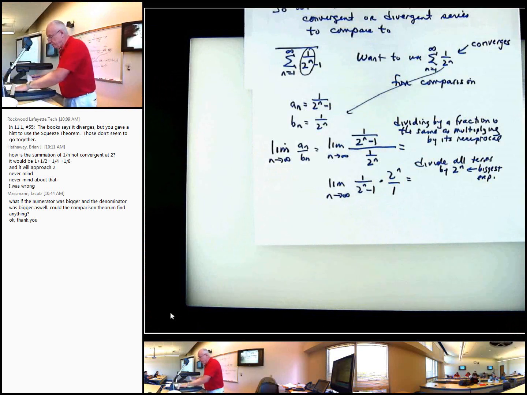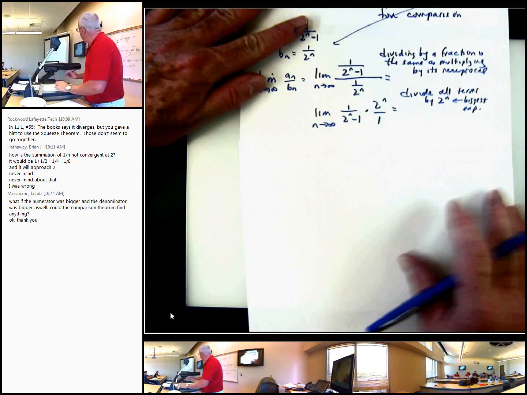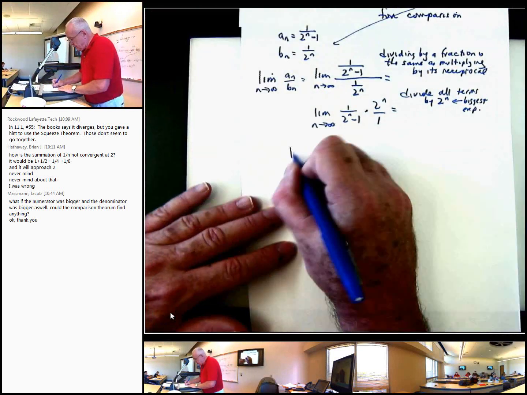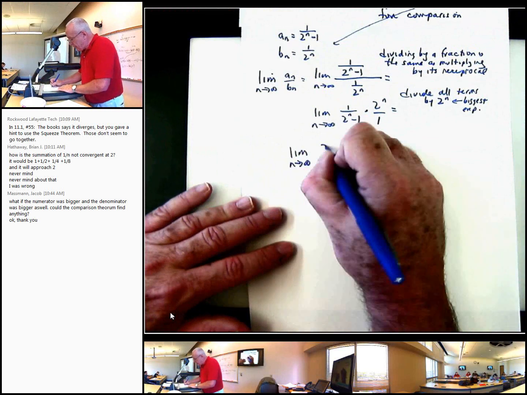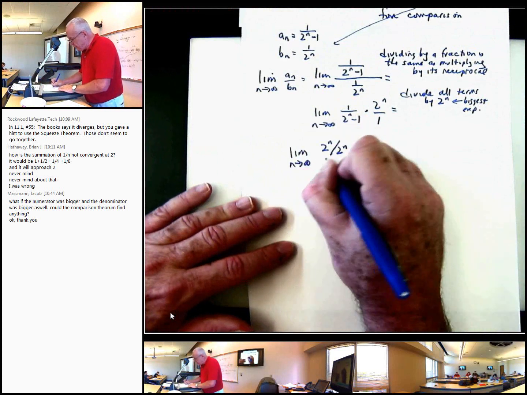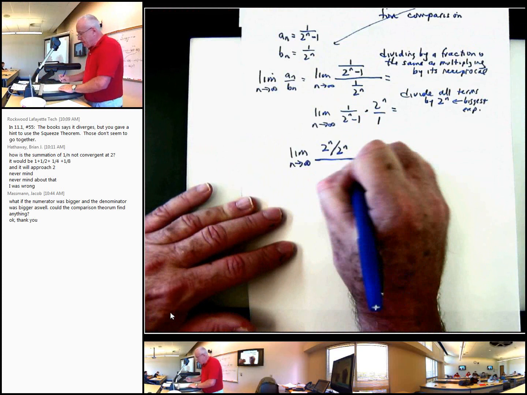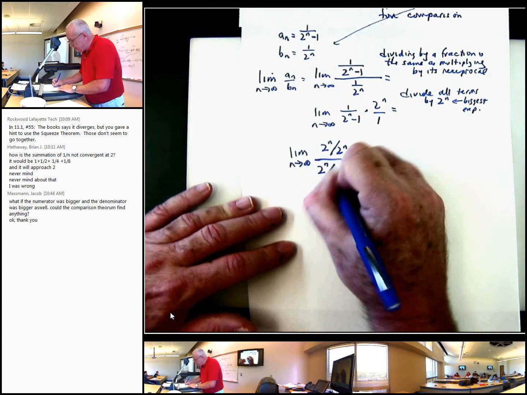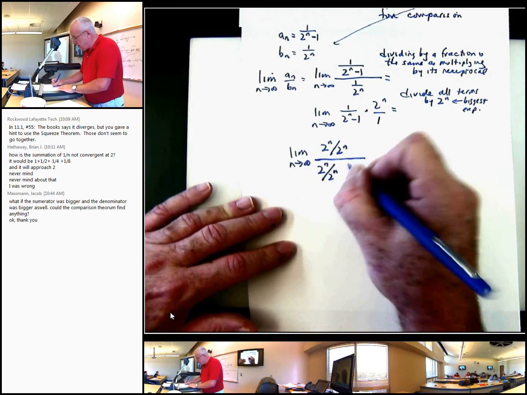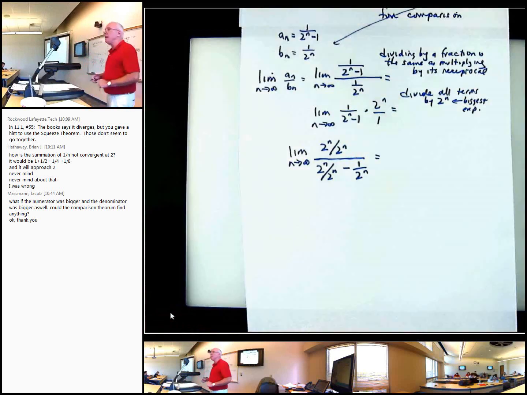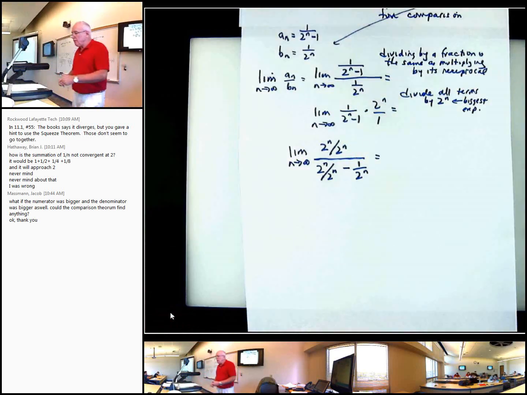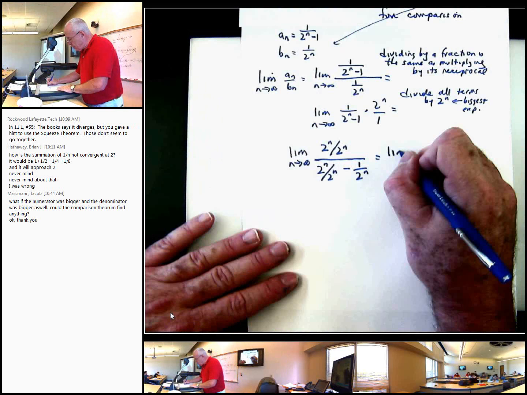So, what that's going to give us then is this. The limit as n goes to infinity. On the top, we're going to have 2 to the n divided by 2 to the n. Put a big line, and then we're going to have 2 to the n divided by 2 to the n minus 1 divided by 2 to the n. We're just dividing everything out. And of course, the top becomes a 1.